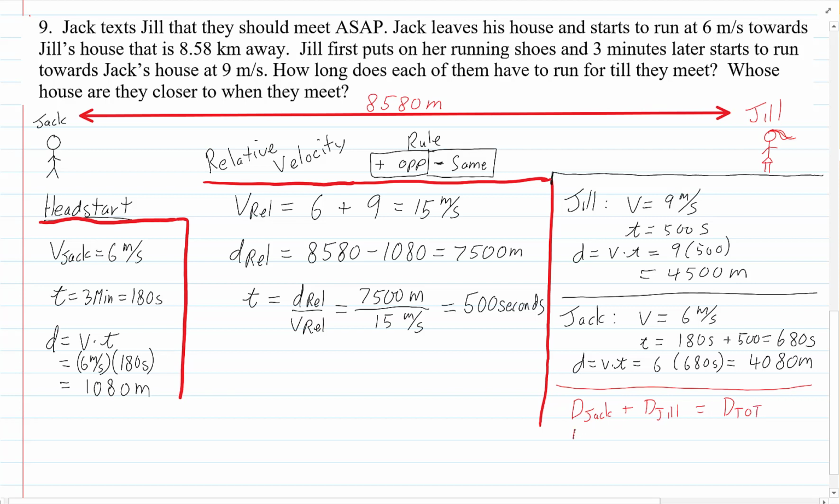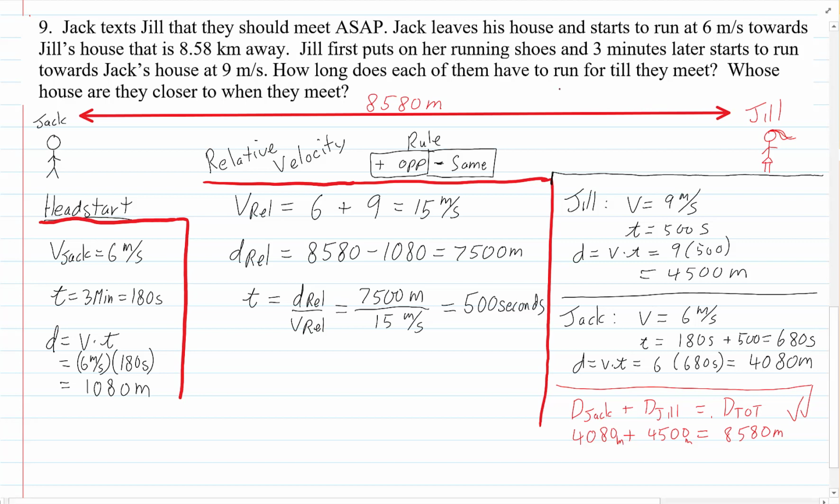Jack here says 4,080, and Jill is 4,500, and that does equal the 8,580 meters that we started with. Good. So this is like a little bit of a check.